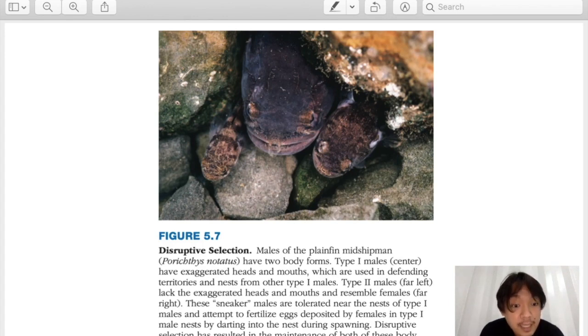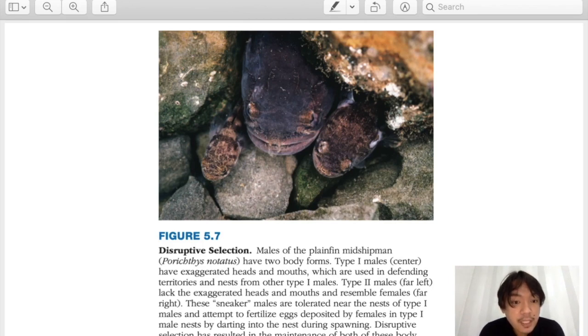Far right, the sneaker males are tolerated near the nests of type 1 males, and attempt to fertilize eggs deposited by females in type 1 male nests by darting into the nest during spawning. Disruptive selection has resulted in the maintenance of both of these body forms in plainfin midshipman populations.